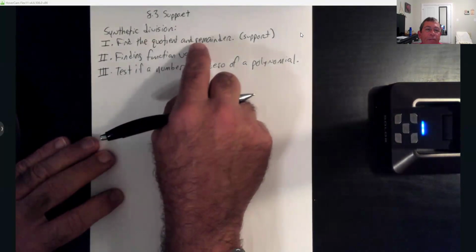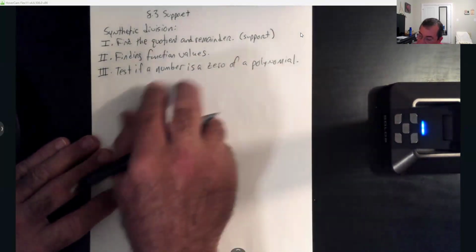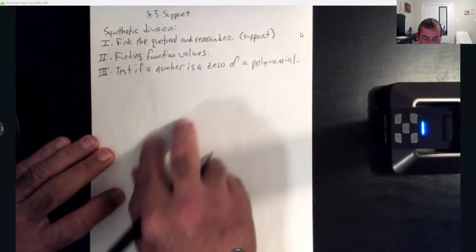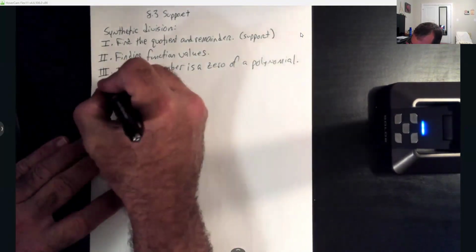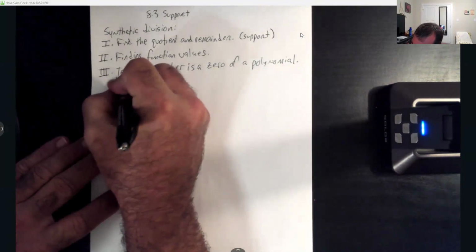So we'll start with finding the quotient and remainder. So this will be the support part of this lesson, okay? So I'm going to actually give you the steps for synthetic division first.